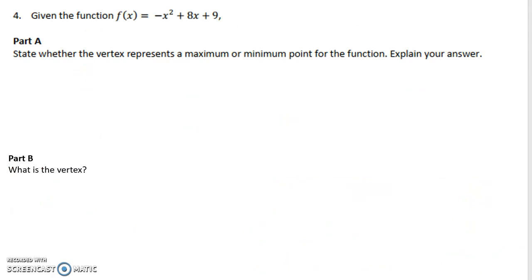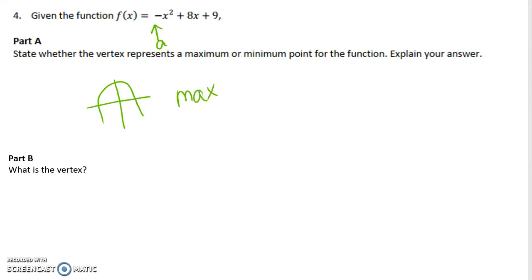Given the function f of x equals negative x squared plus 8x plus 9, does this represent a maximum or a minimum? Explain your answer. I'm hoping you said maximum, because when the a value is negative, the parabola opens down, which indicates a maximum value.